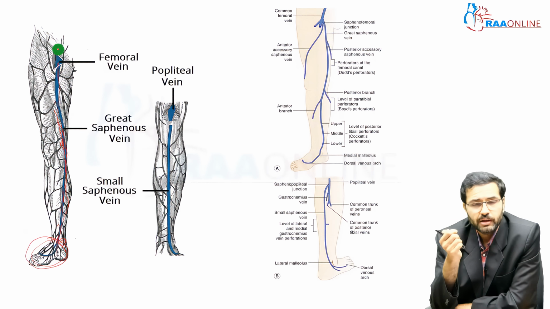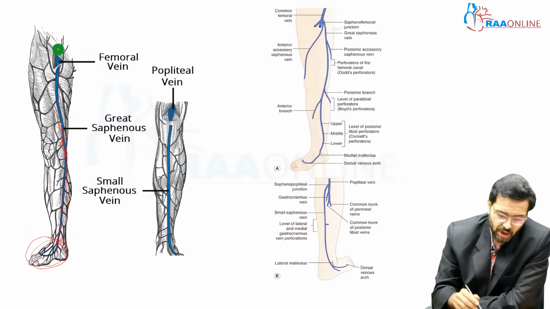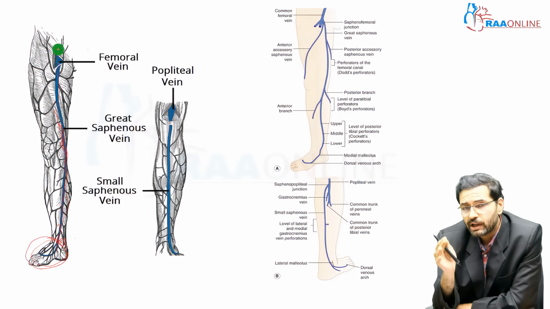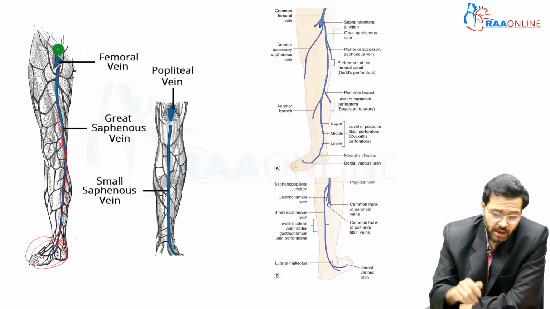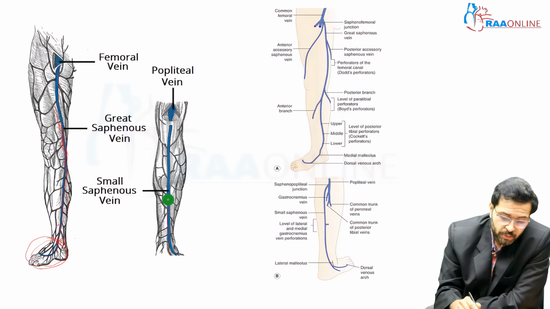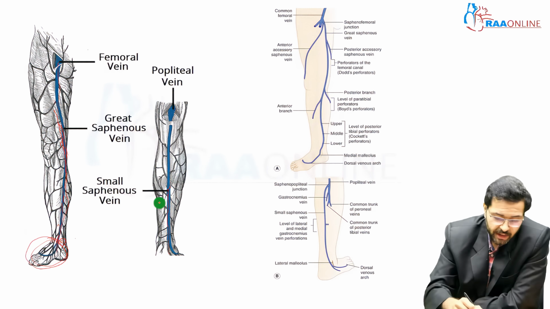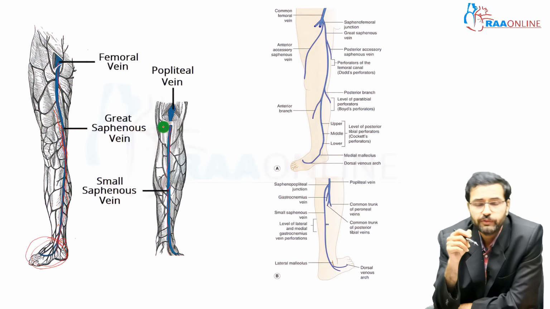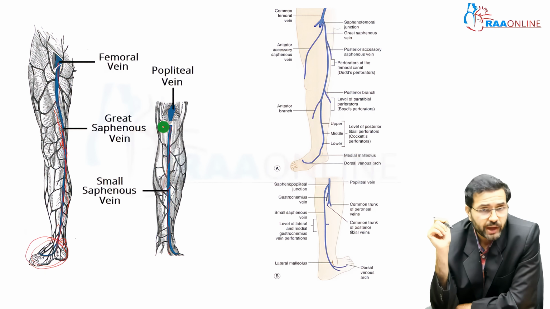The short saphenous vein has a more variable course. It originates from the lateral aspect of the foot. The lateral marginal vein continues upwards as the small saphenous vein. It extends upwards along the posterior aspect of the leg, and then as it comes up into the popliteal fossa, it penetrates the deep fascia and drains into the popliteal vein.